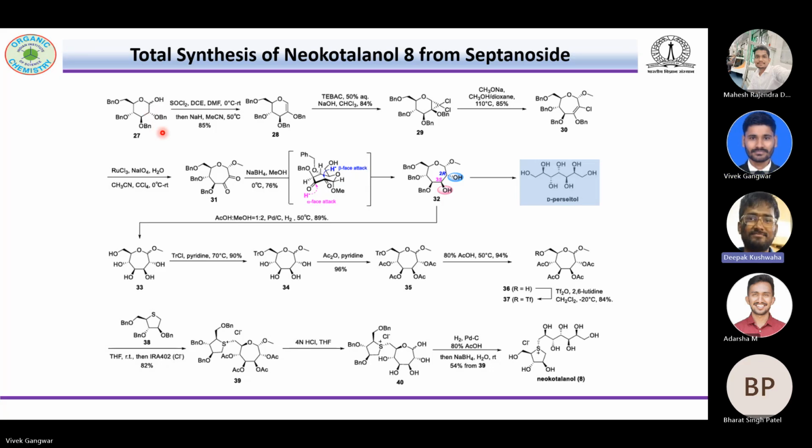In this reaction, in situ chloride is forming, anomeric chloride, with SOCl2. So that again the base will go. And yesterday I was thinking, I have this hemiacetal in septanoside and OAc is there. So if OAc is not problematic, I will also do the same reaction.